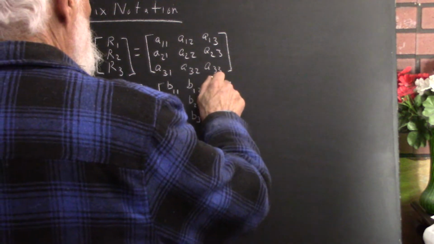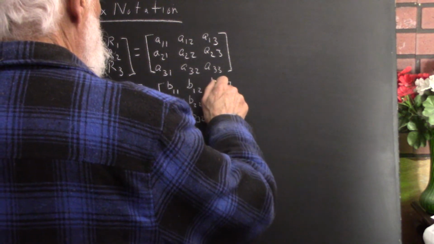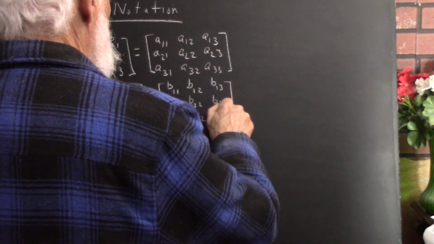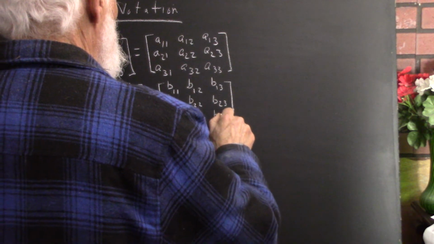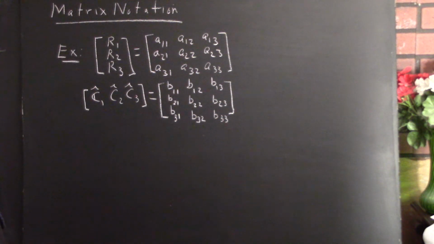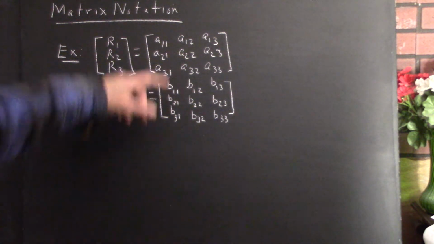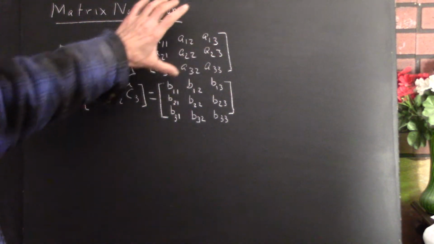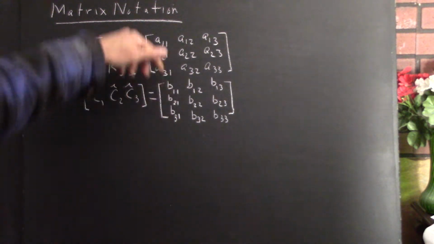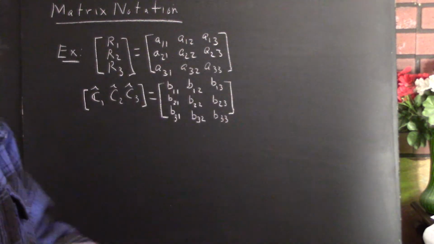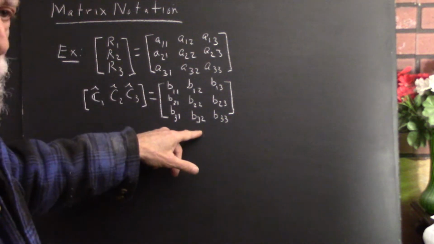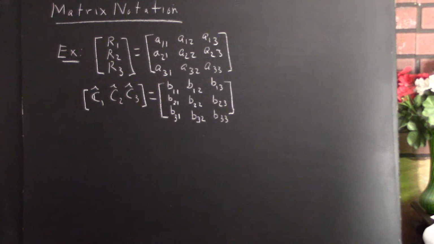And then it's pretty clear that the third column is going to be B13, B23, B33. Now you might ask, why didn't I just copy down the subscripts from the A and put B's in front of it? Could have done that, but I want to emphasize the roles of the rows and the columns and doubly emphasize what these subscripts are telling us.